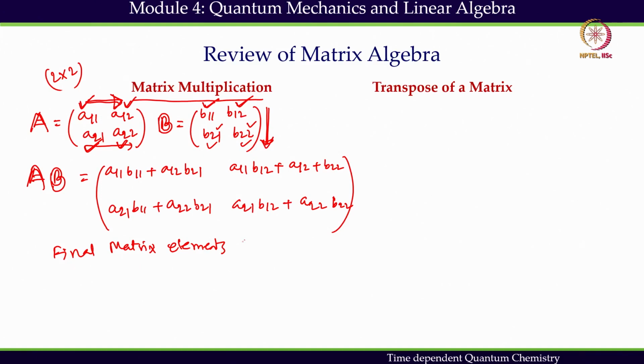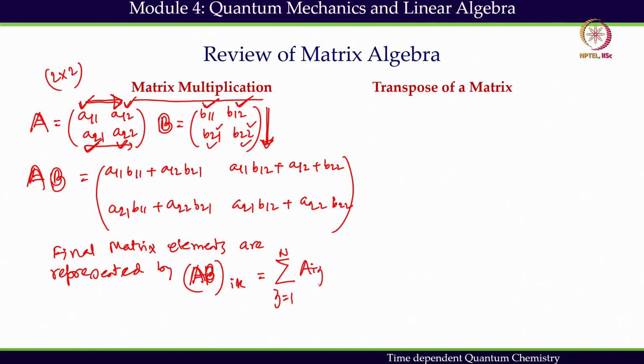The final matrix elements are represented by C_ik, which is the summation over j equals 1 to n of A_ij B_jk. That is the rule one should follow for matrix multiplication.